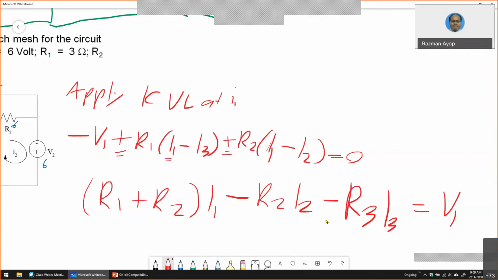You have to rearrange so that the unknowns are I1, I2, and I3.